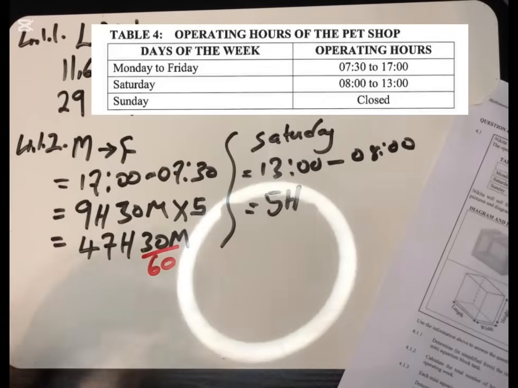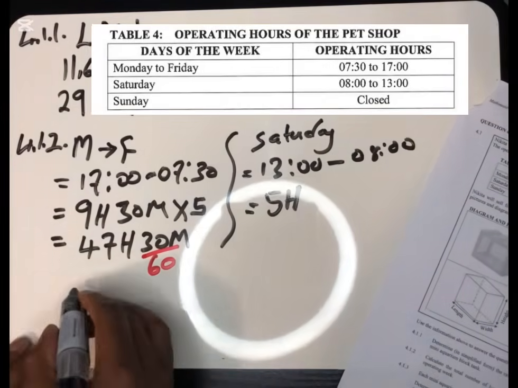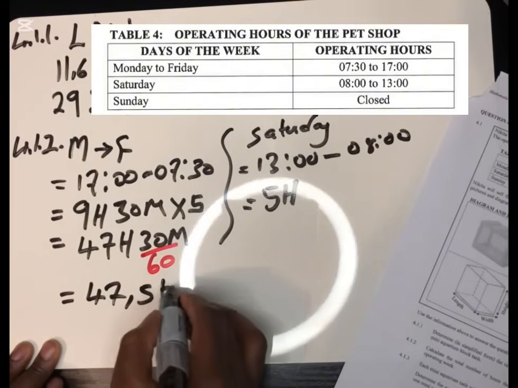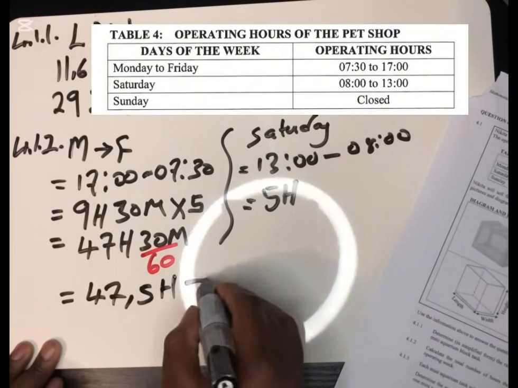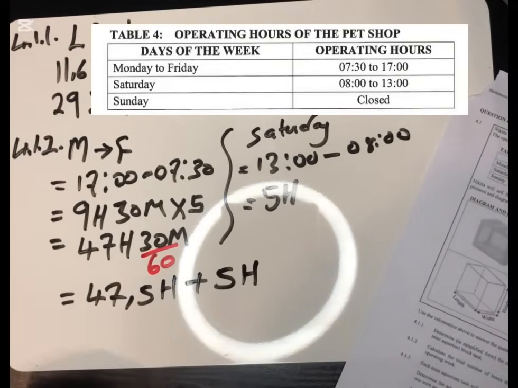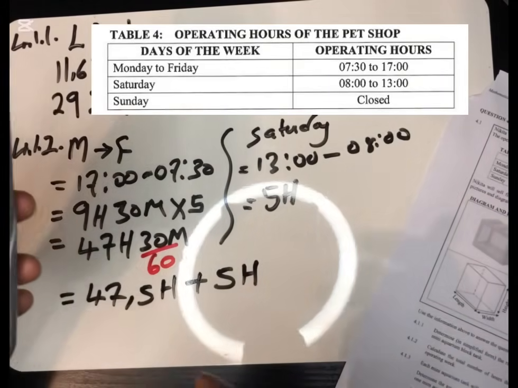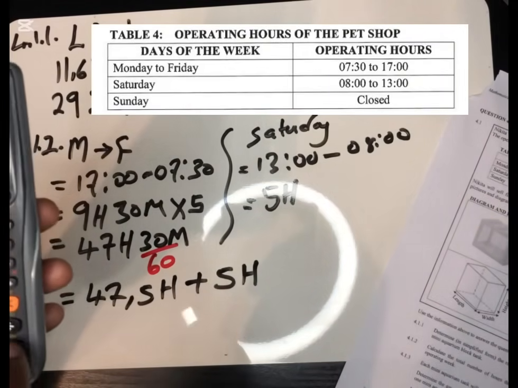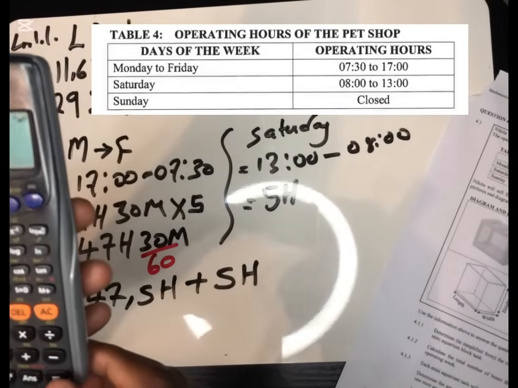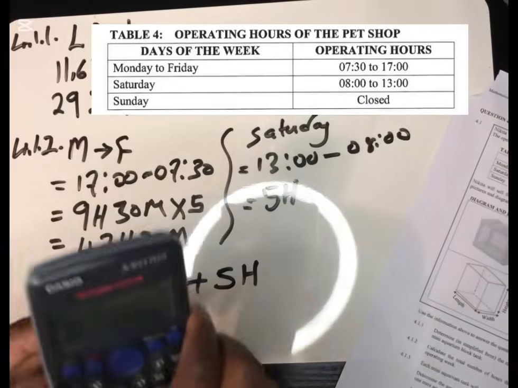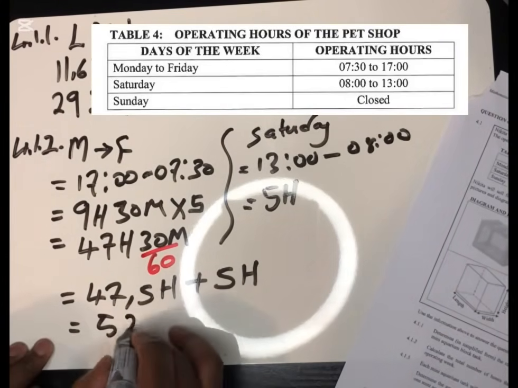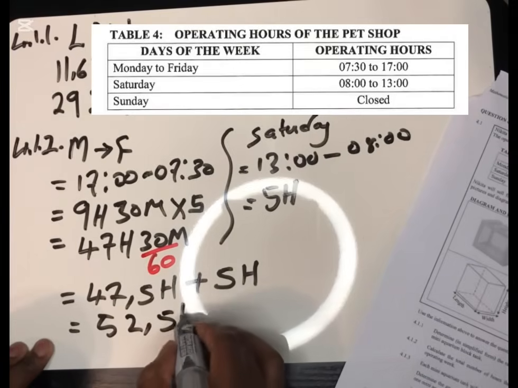So from Monday to Friday, it is 47.5 hours, plus the 5 hours of Saturday. At the end of the entire week, 47.5 plus 5 is 52.5 hours. They operate for 52.5 hours.